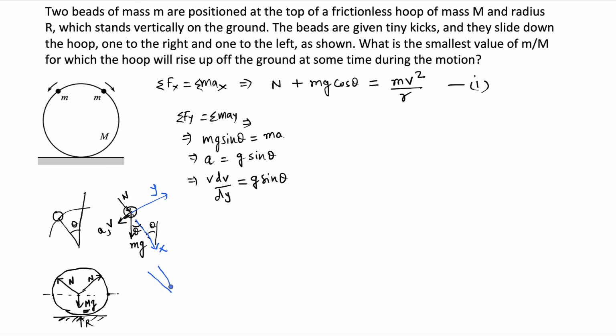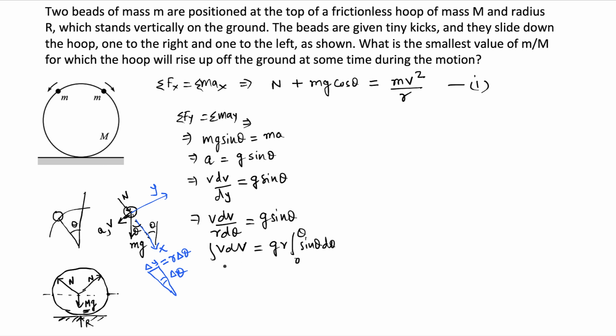If it goes further by angle delta theta, then this is delta y, and delta y is nothing but R delta theta. So v dv by R d theta equals g sin theta, and v dv equals g R sin theta d theta, integrating 0 to theta and 0 to v. That gives me v square equal to 2gR (1 minus cos theta).